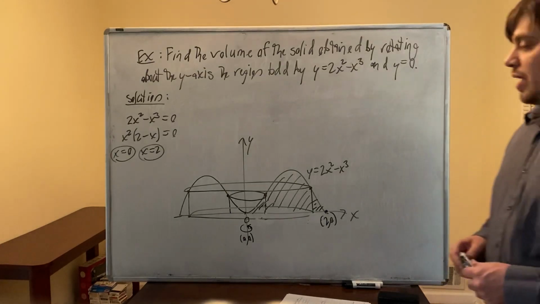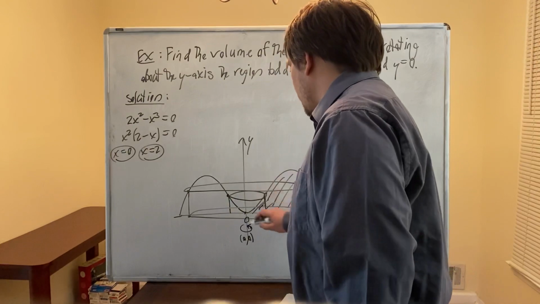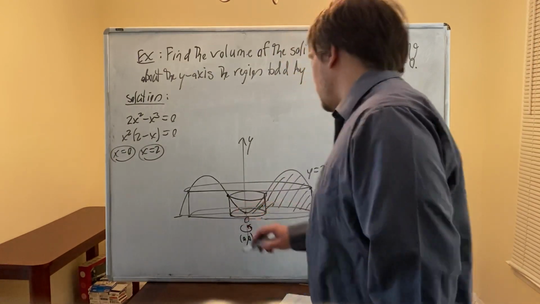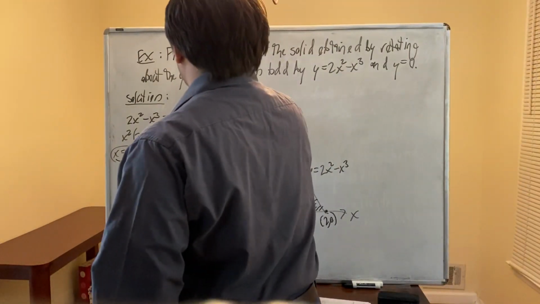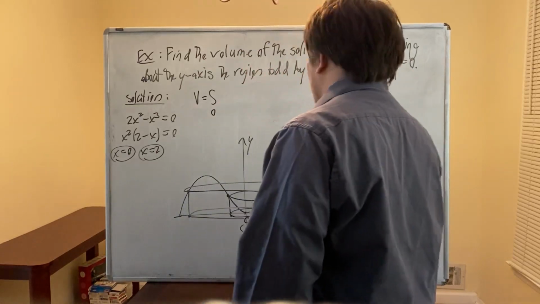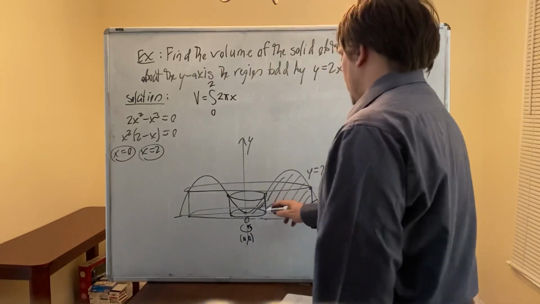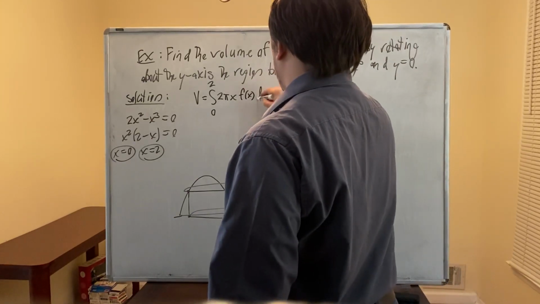Now if we use a cylindrical shell, we could use a shell like this one here. The volume is, by our formula, the definite integral from x equals 0 to x equals 2 of 2 pi x f of x dx.